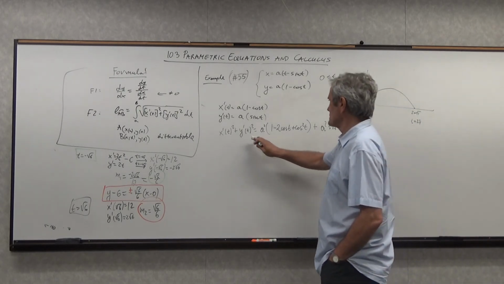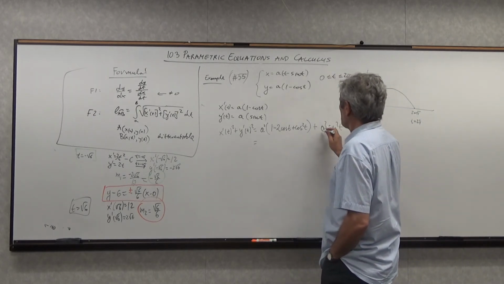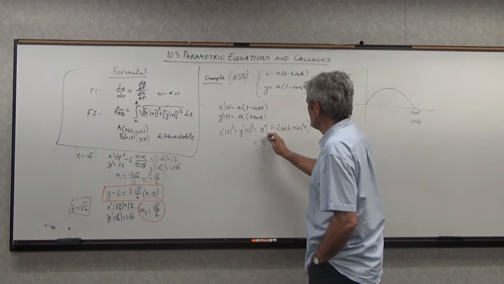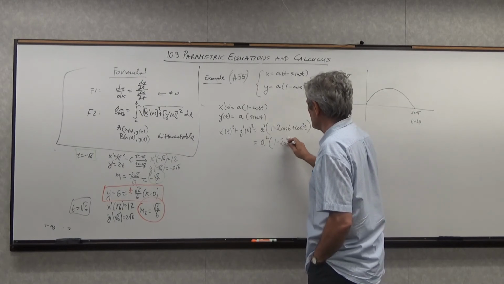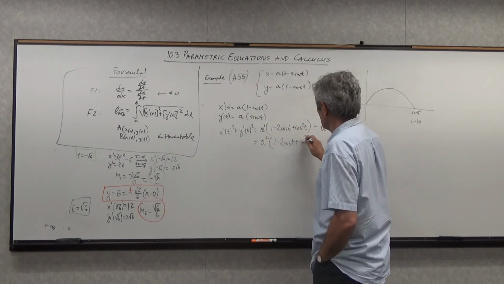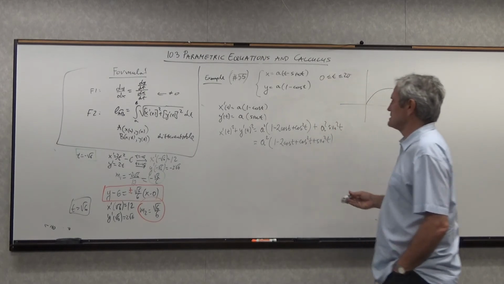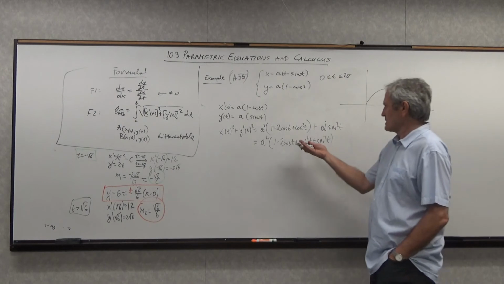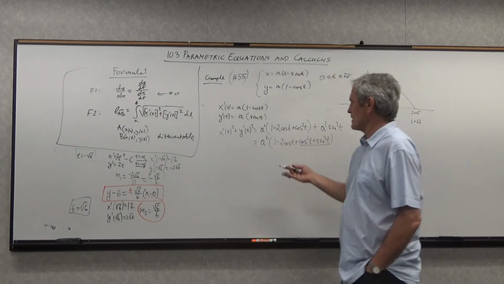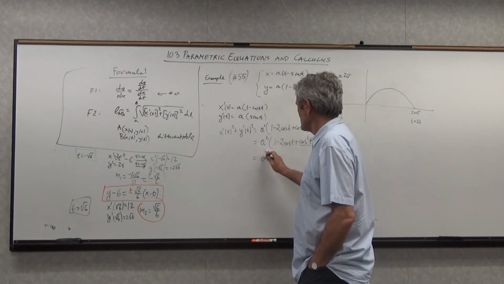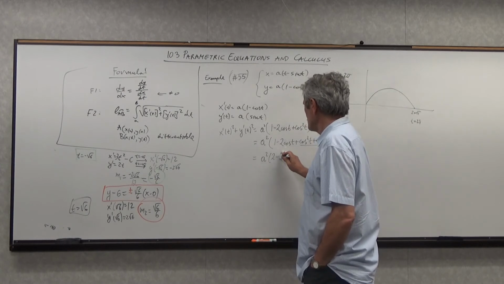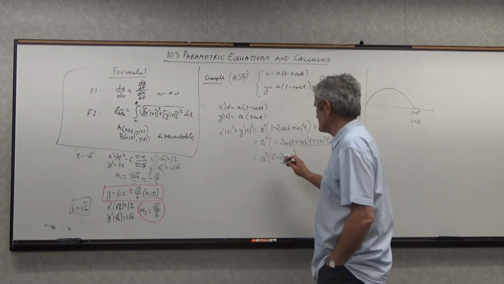So what do we do here? I can factor out a squared. Here what I get is 1 minus 2 cosine t plus cosine squared t plus sine squared t. And then cosine squared plus sine squared is 1, and this one is 2. So I get a squared times 2 minus 2 cosine t.